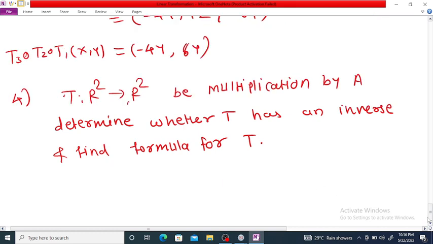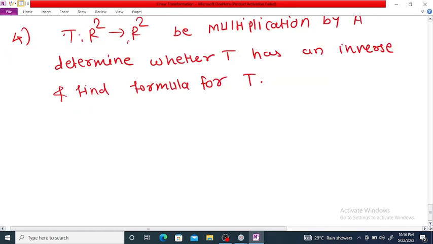Okay, now the given A is equal to 1 1, 1 0.